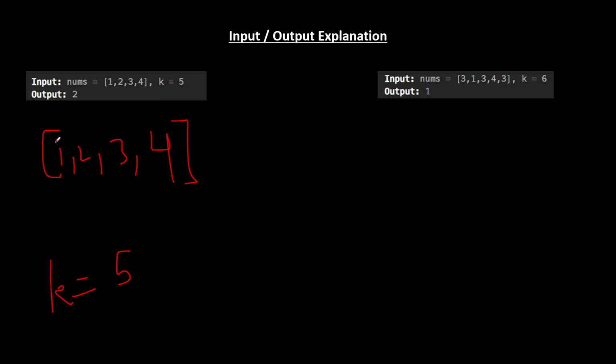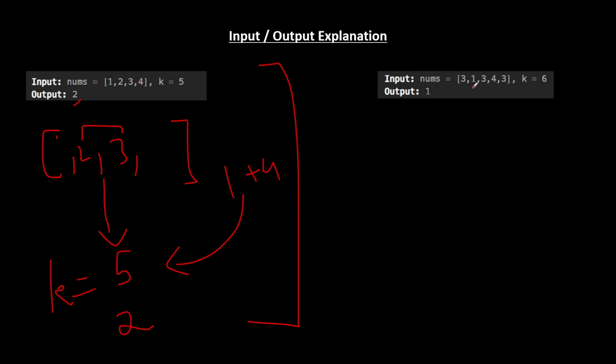So we can say that 1 plus 4 gives us 5, so we got one pair. According to the question, we will remove this. Then 2 and 3, if we sum them, we get 5 again. So the total number of pairs is 2. That's why the output is 2 here.